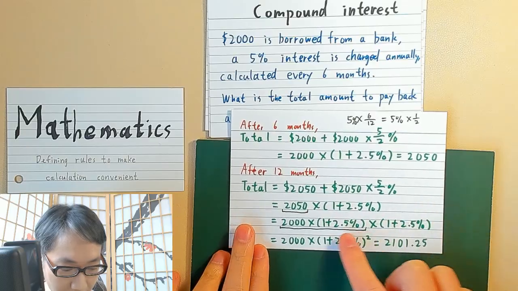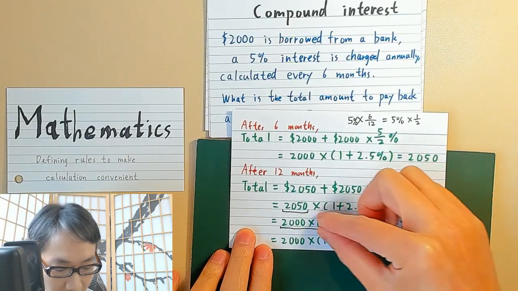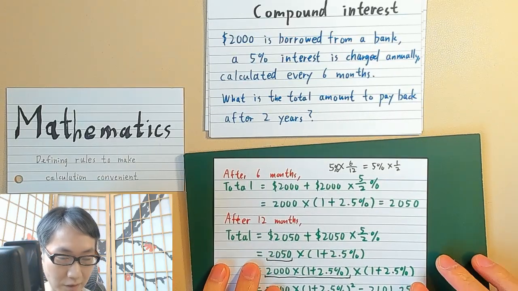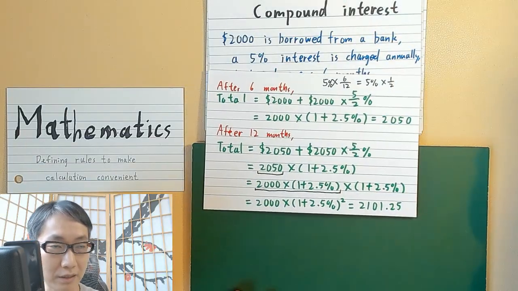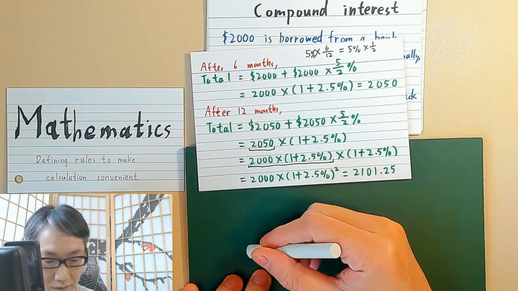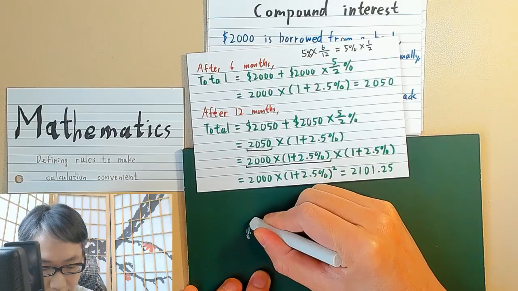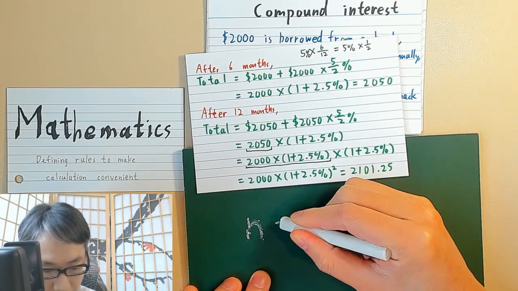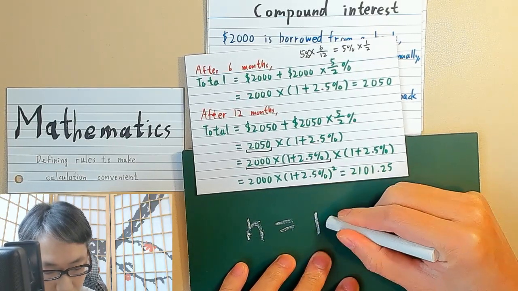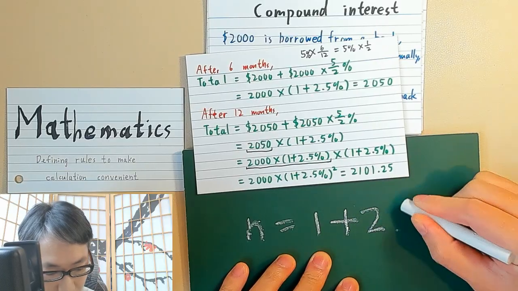And in these, we have two same factors. So we can let n equal 1 plus 2.5%.